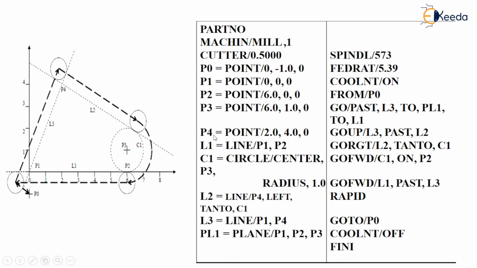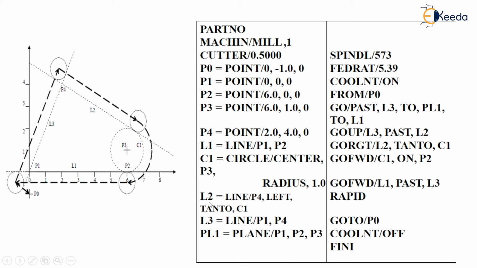P4 will be the next point, that is point slash 2, 4, 0. And L1: the line slash, defined by P1 and P2, because P1 and P2 are already defined. Then C1, the circle we have to define: circle slash center, P3 will be the center, and the radius we have to define is 1, that is 1 mm or meter, whichever is defined.